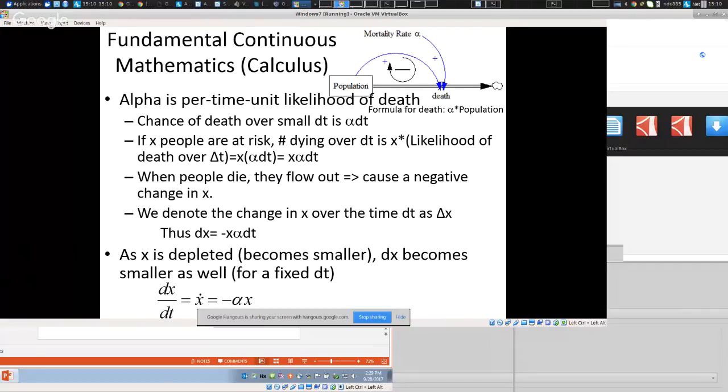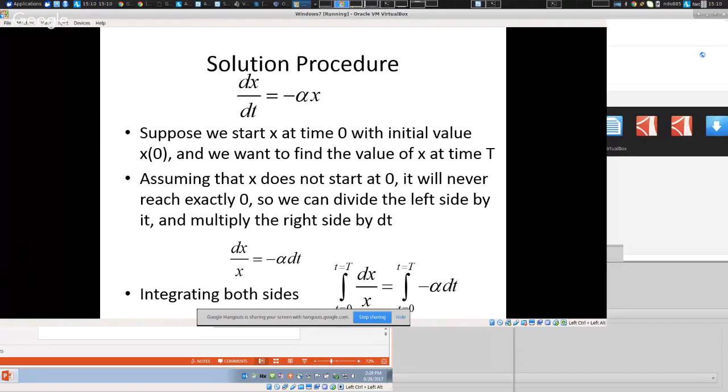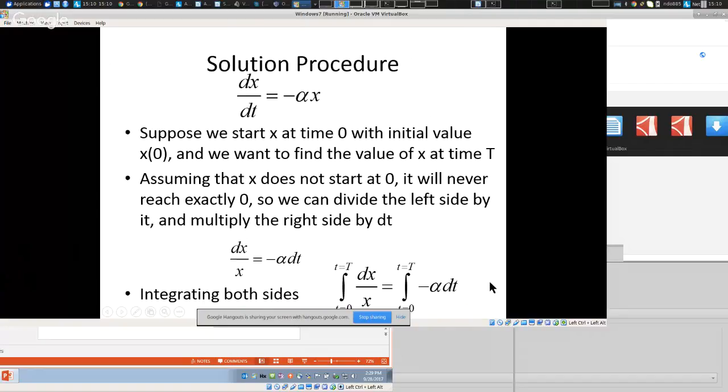And I'm not going to do this in gory detail, but it too is a thing of beauty. And basically you divide both sides by x, and you realize, okay, this guy is the derivative of the natural log of x, and this guy is the derivative of minus alpha times t, and you can solve it. And what you'll come out with is that this will decrease.